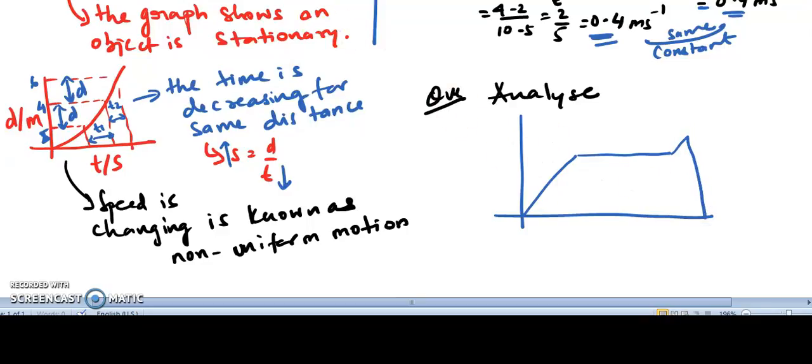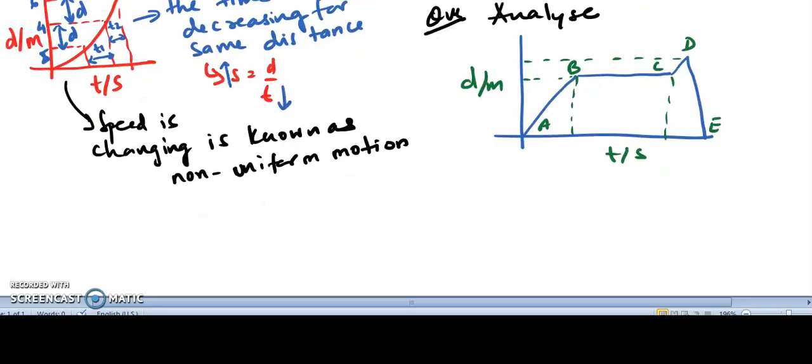And you can label them A, B, C, D, E. This is distance in meter, time in second. How do we analyze this one? From A to B, what can we say? We can say it's a straight line, right?